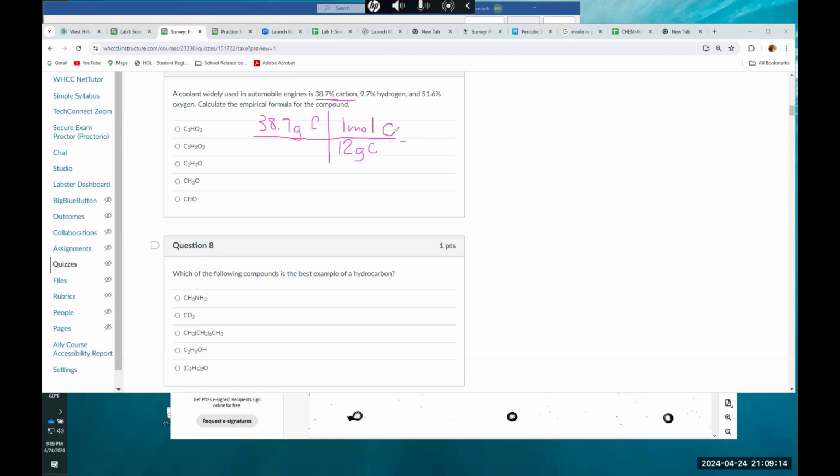Now, somebody do that calculation for me. Get it knocked out of the way. 3.225. So 3.22. And that's moles of C. Okay.